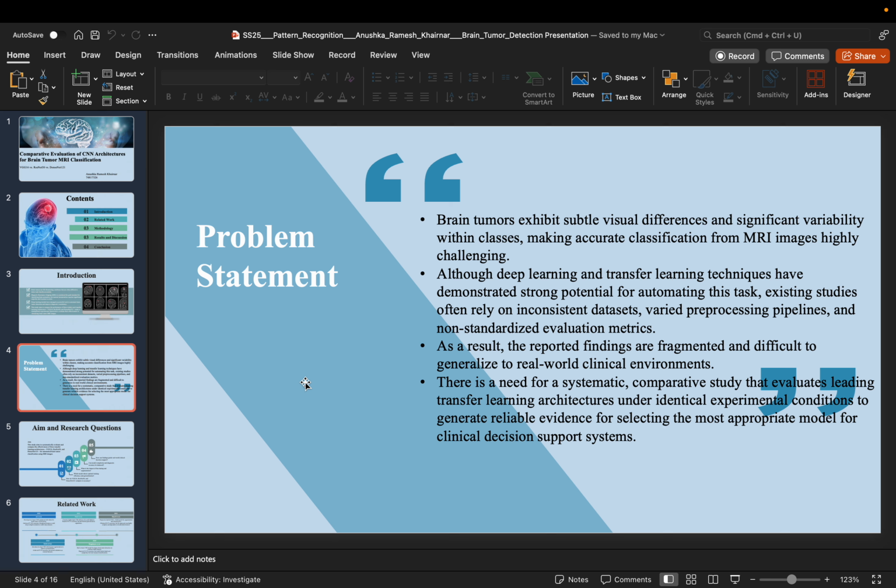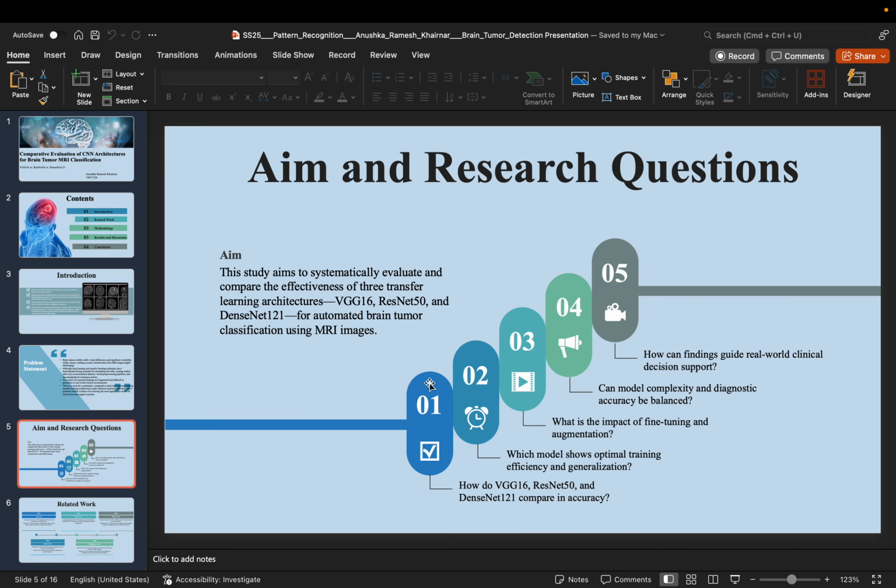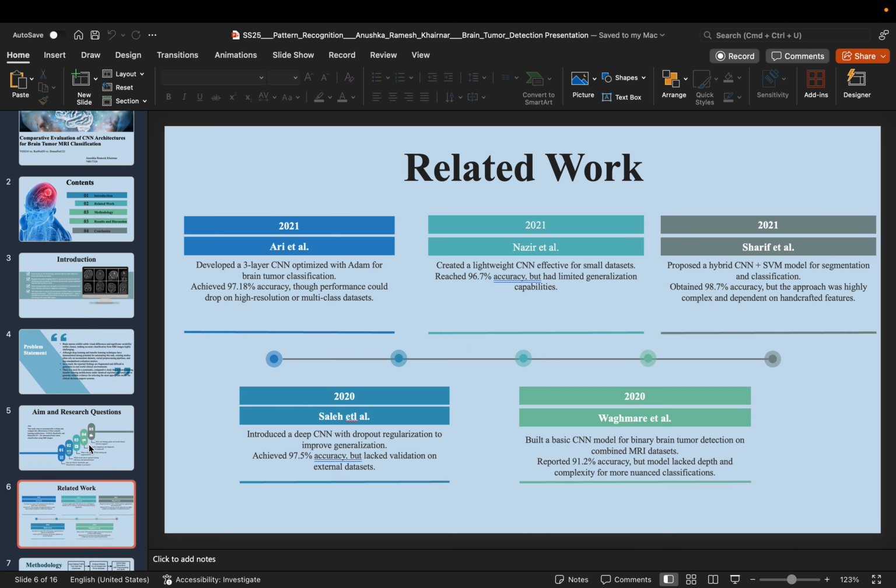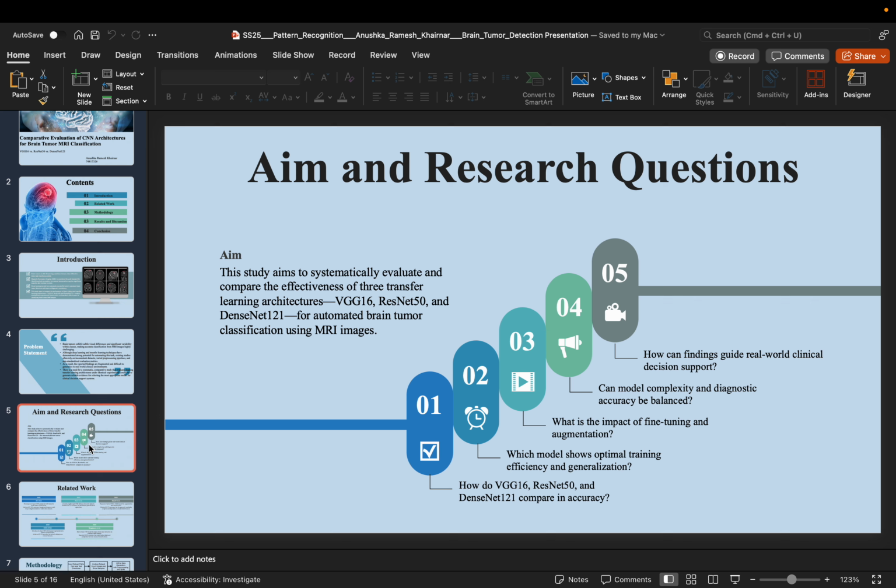So this is the problem statement. Here our aim is to explore whether we can balance diagnostic accuracy with model complexity and training efficiency. The key research questions included are: first, how do VGG16, ResNet50 and DenseNet121 compare in classification accuracy?